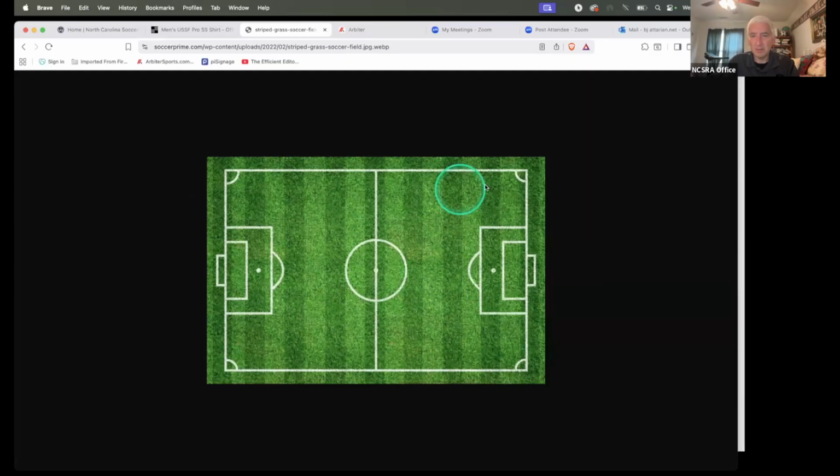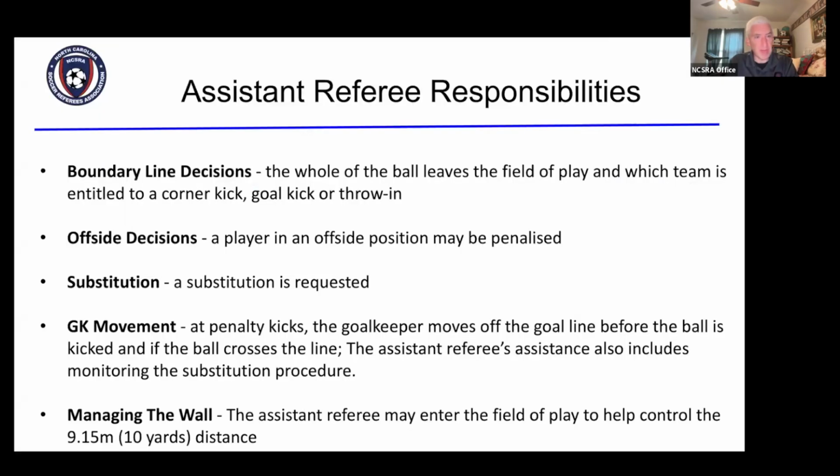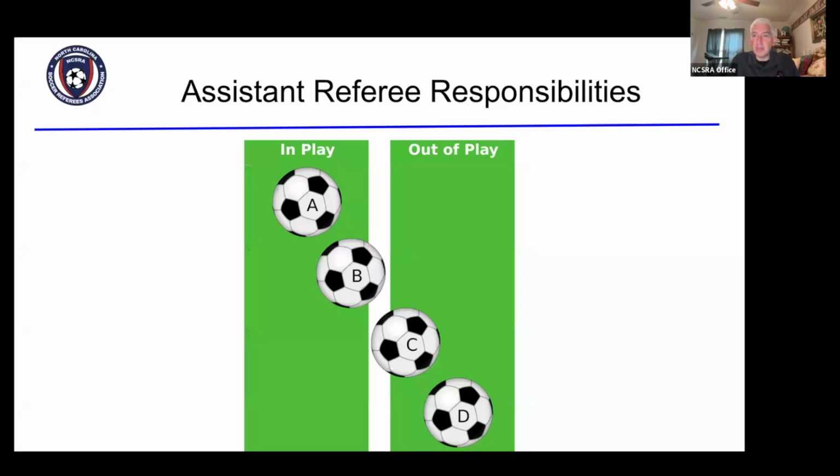Like if this is the referee's area, this is the referee's area. Now, this is kind of like the assistant referee's area. This is the assistant referee's area. So if you hear the term of this AR's quadrant, that's what they're talking about. And in your quadrant, that's where you would want to help out with this. So, okay, let's go back. In the chat, which of these are out of play?